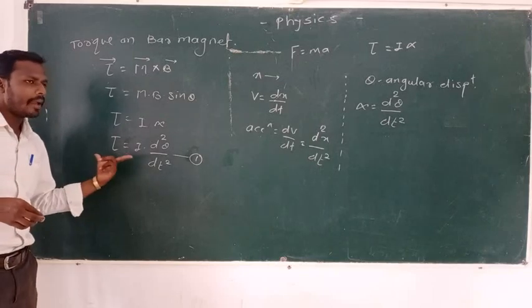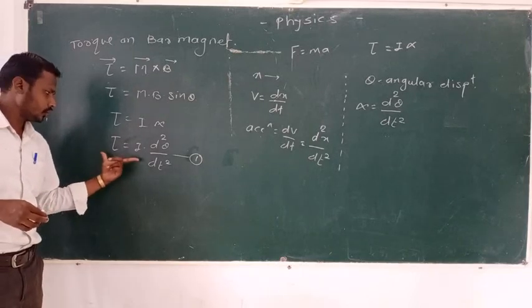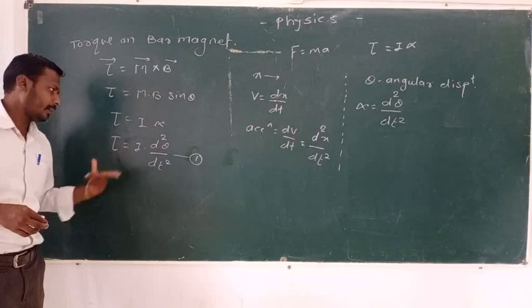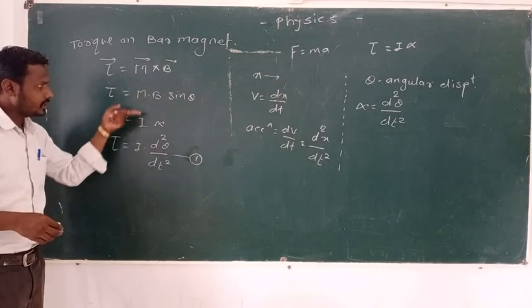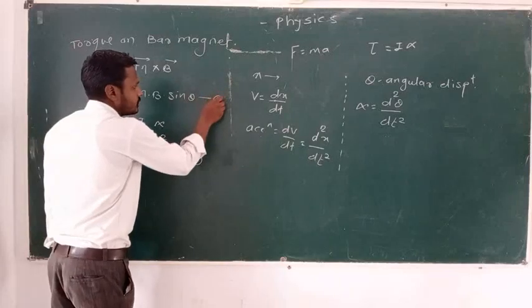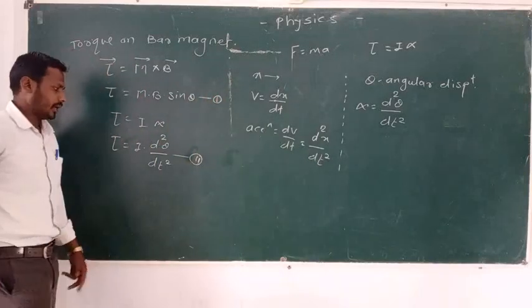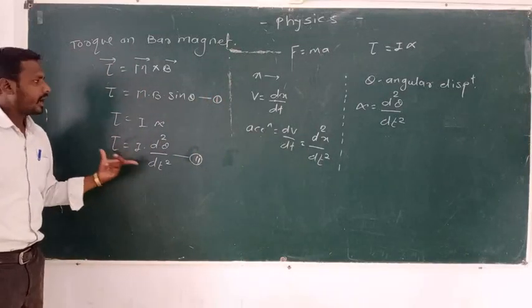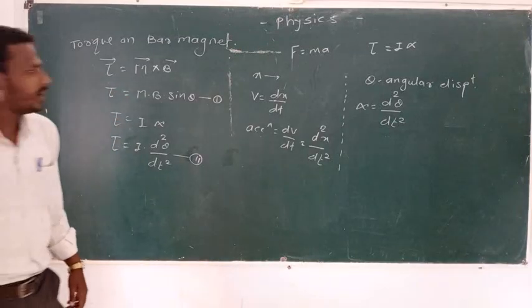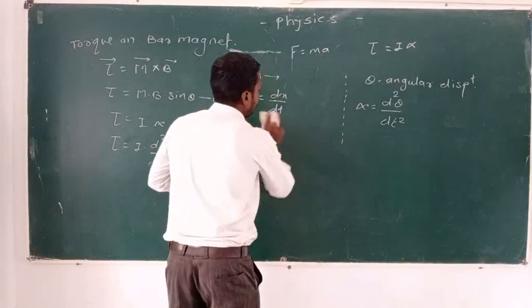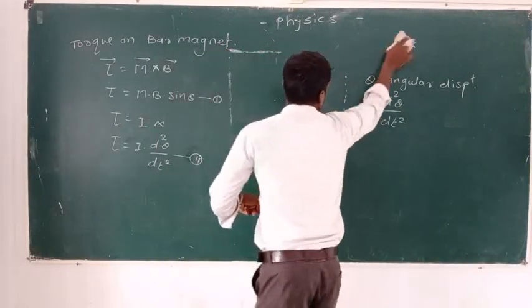These two equations are the same. This is equation first and this is equation second. This is applied torque and this is restoring torque. Therefore I can write applied torque and restoring torque both are the same, but the directions of both are opposite to each other.